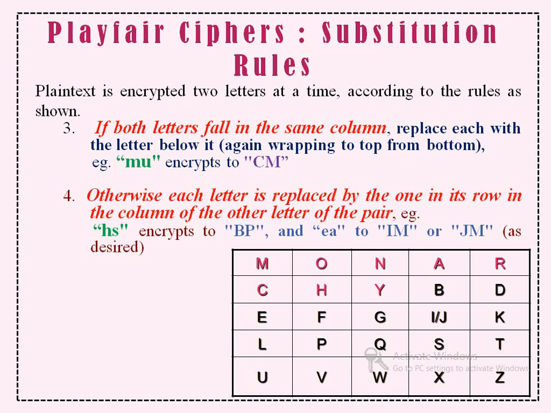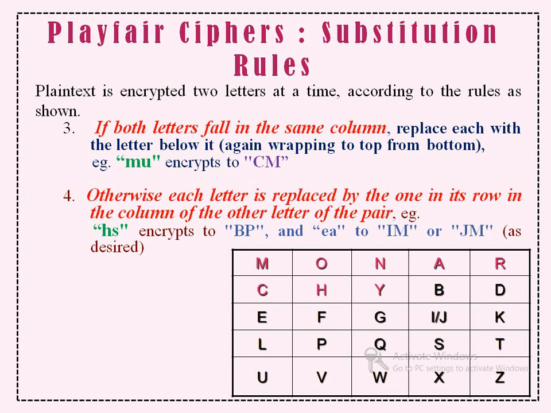And in that example, I told you, for example, H and S. H lies somewhere in the second column, which is over here, whereas S is in the third column, which is over here. So there is no common entry with respect to any row or column.